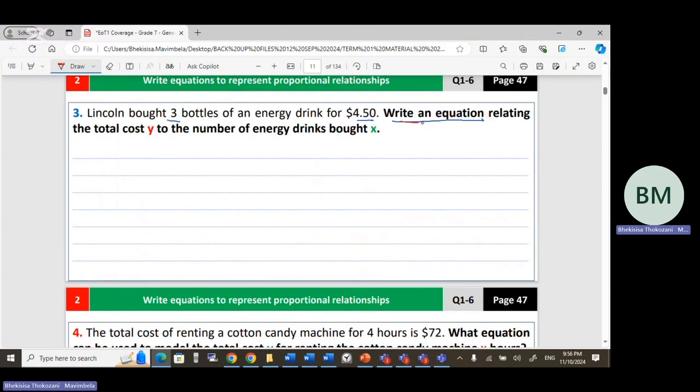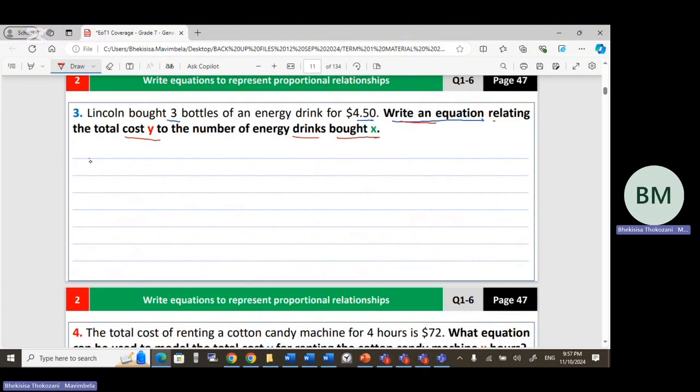They're saying that the total cost is your Y, and your energy drinks, which are your bottles, is X. So first, we can now find the constant of proportionality. That's very important. So find K first.